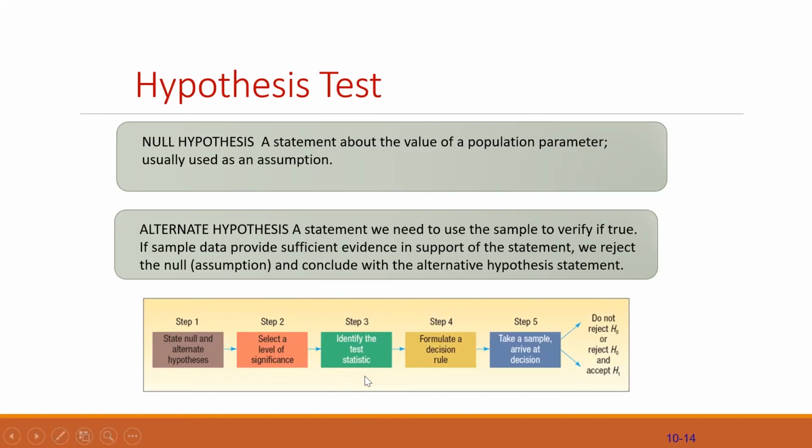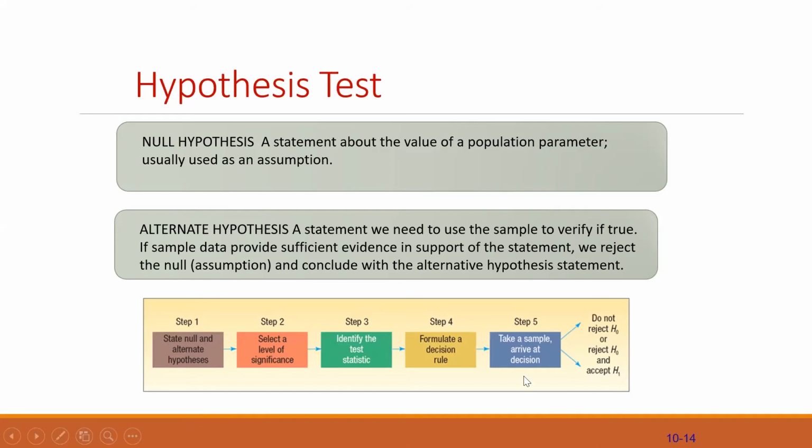Then in the third step, we want to identify the test statistic, which is basically evidence from the sample. We gather evidence from the sample. Step 4, we form a decision rule. That is, we decide under what condition we will say the evidence is strong enough, or we have enough evidence in support of the alternative.